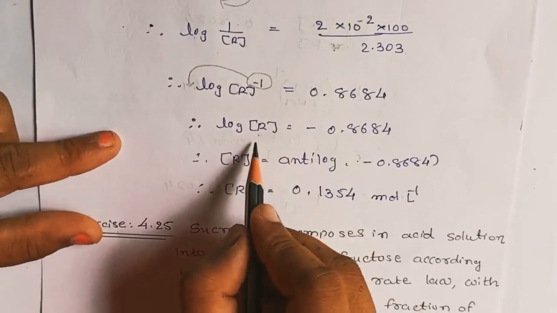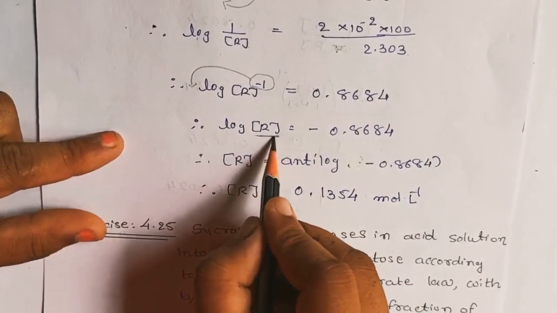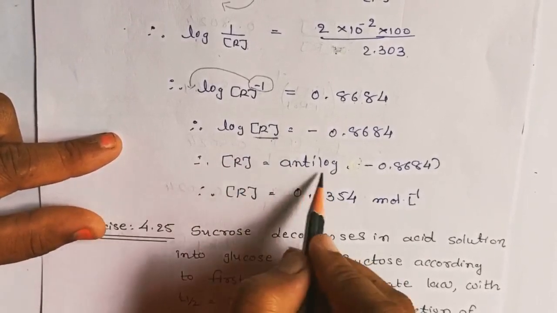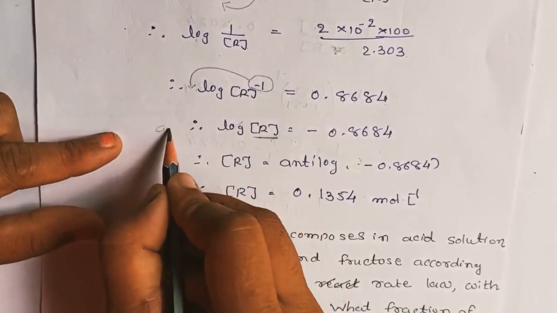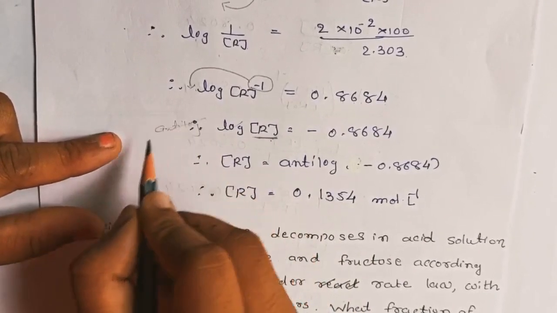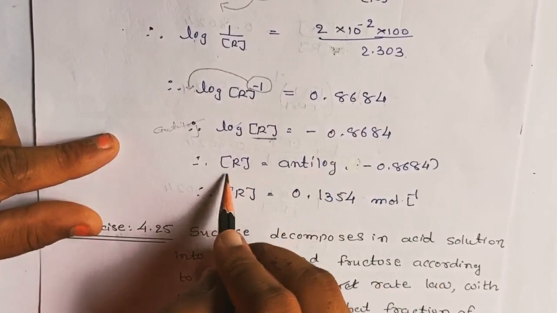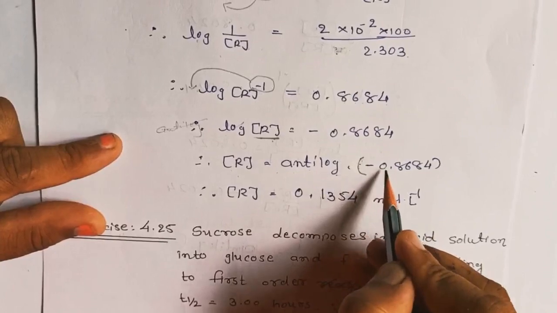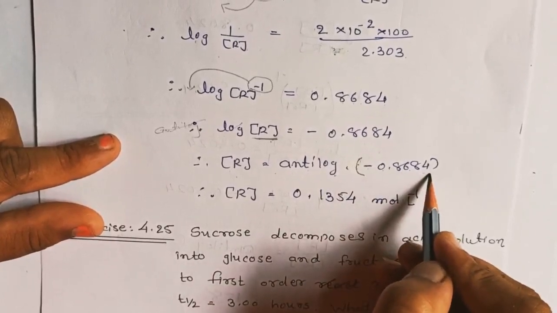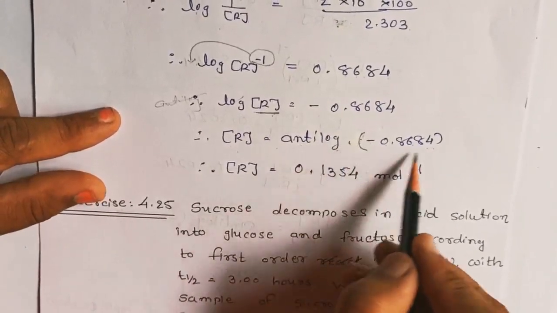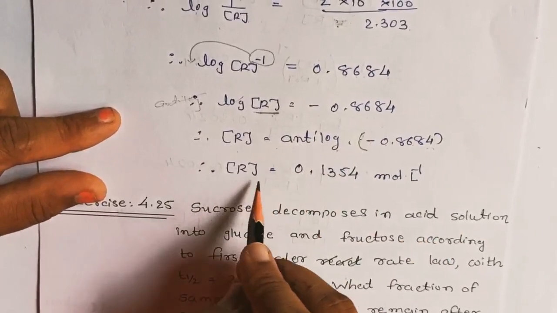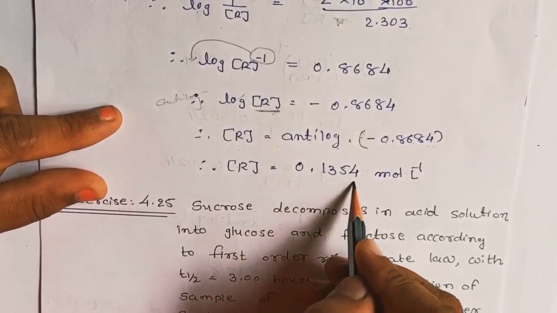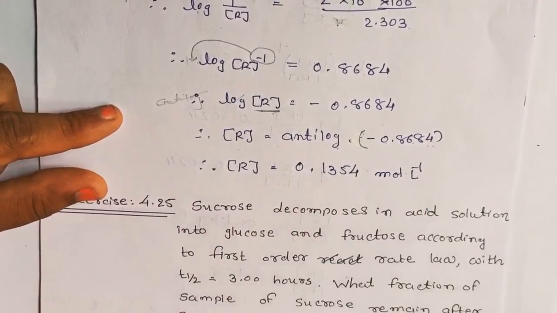Now we want the value of our remaining concentration of reactant, so we take antilog on both sides. So log and antilog will cancel out at the left hand side, and we will get concentration of R equal to antilog of minus 0.8684. Now if we take the antilog of this term, you will get concentration of R equal to 0.1354 mole per liter. Do you get it?